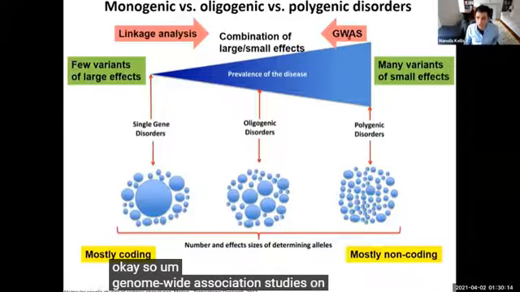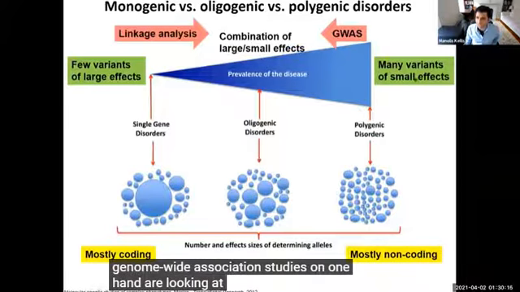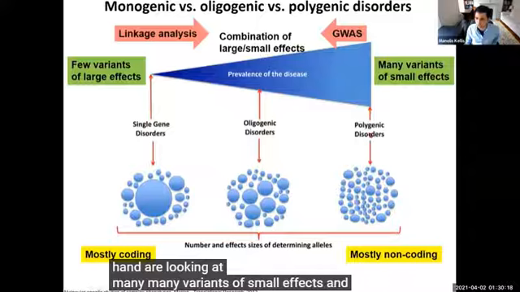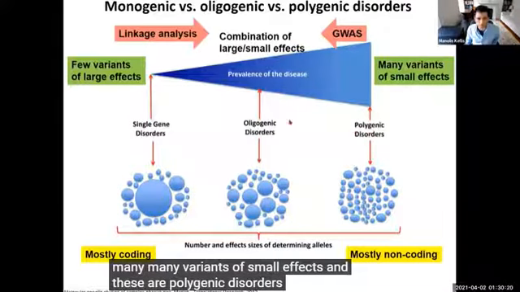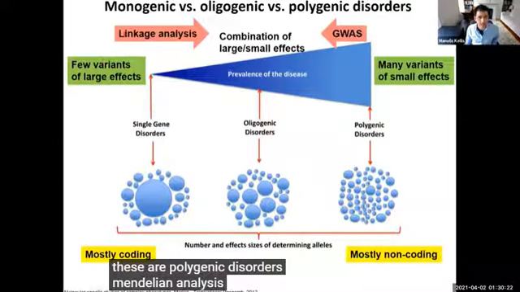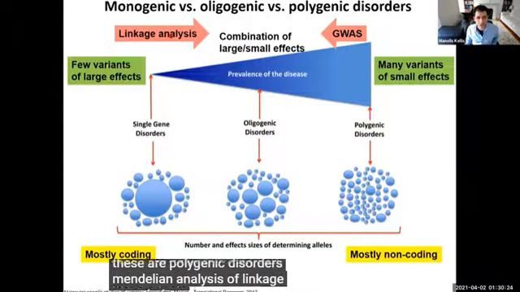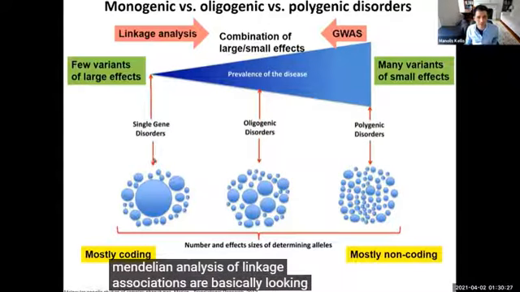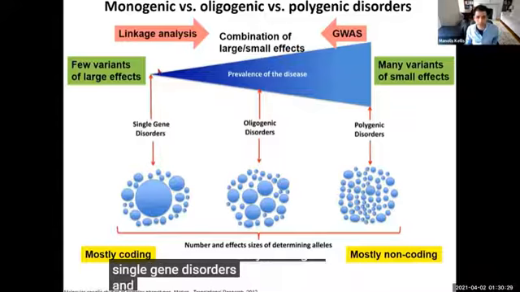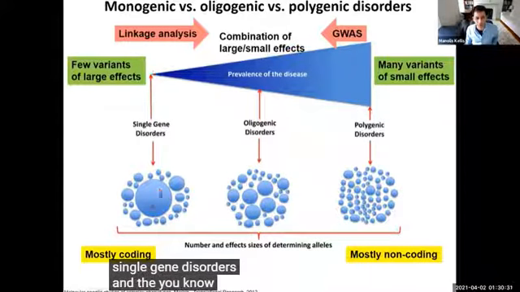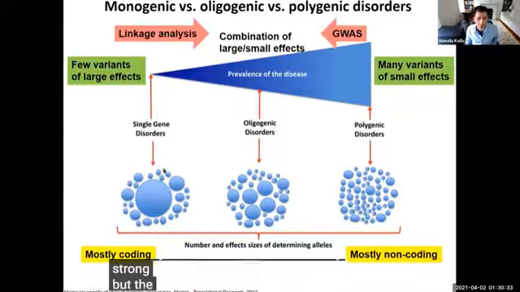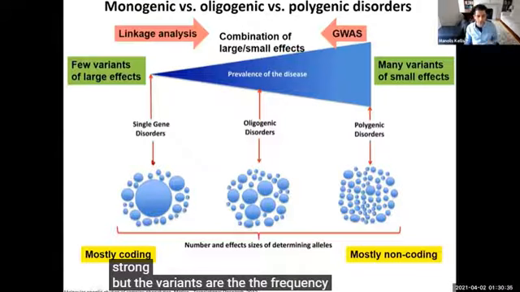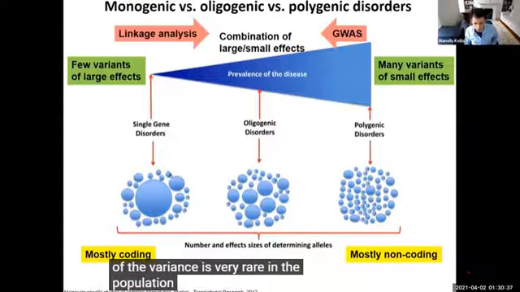Okay. Genome-wide association studies on one hand are looking at many, many variants of small effects, and these are polygenic disorders. Mendelian analysis of linkage associations are basically looking at single gene disorders, and these effects are very strong, but the frequency of the variants is very rare in the population.